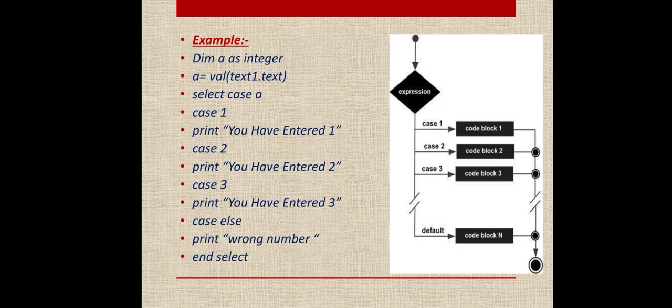So in this way we have discussed the select case statement. This is all about the control statement. So what we have discussed in this topic, we will recapitulate. We discussed the different types of control statements.